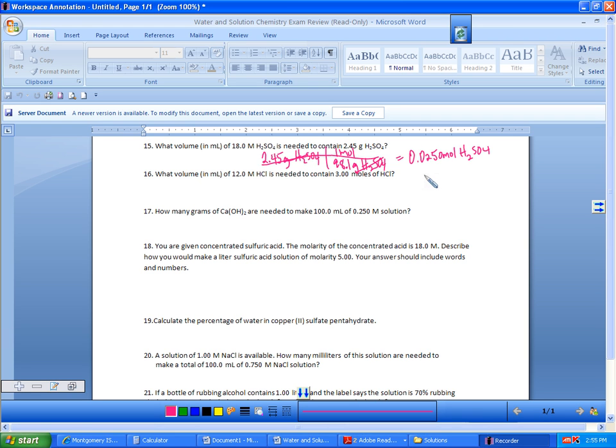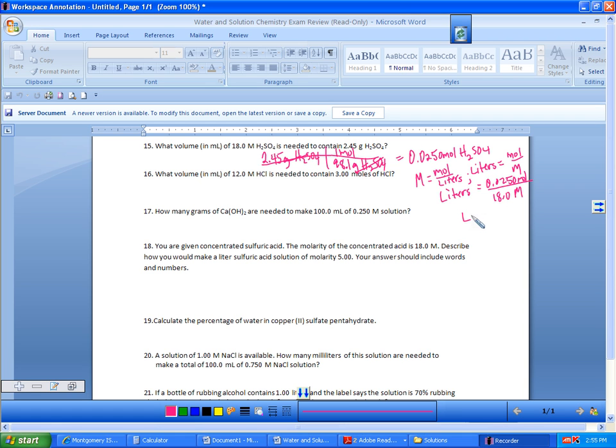So I'm going to say, well, the volume is going to be molarity equals moles over liters. I want liters out. So I'm going to say liters volume is equal to moles over molarity. So the number of liters would be 0.0250 moles over 18.0 molarity.